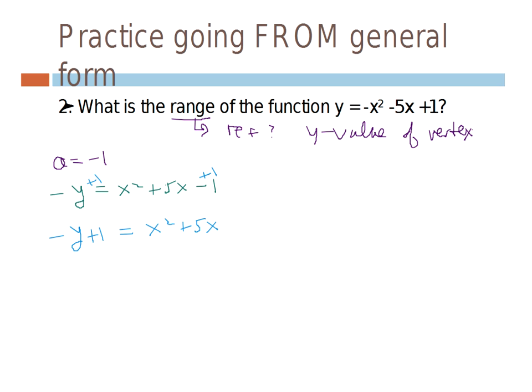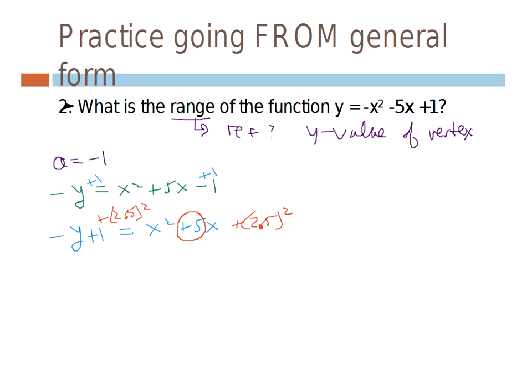Now I can't draw this out. I can't complete the square pictorially here because I always take half the coefficient of x, so that's 2.5, and square it, and add it to both sides. So those decimal places.